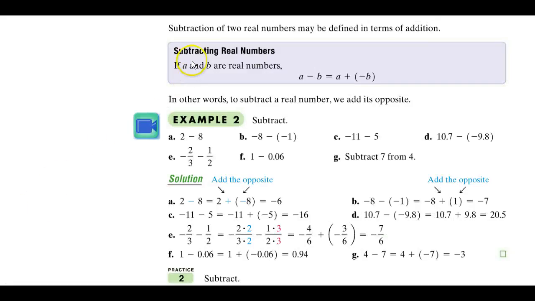Now, when we look at subtracting real numbers, remember it's very similar to working with unlike signed numbers. We can always convert a subtraction that we see here to a form of addition.